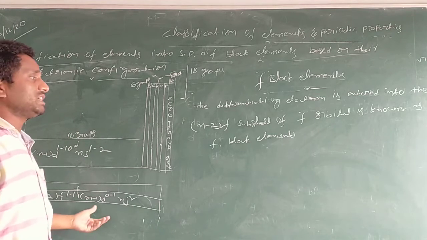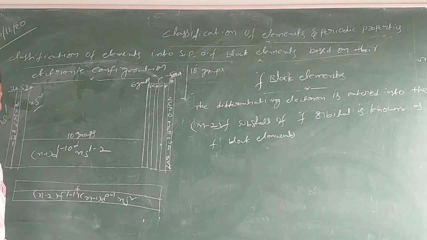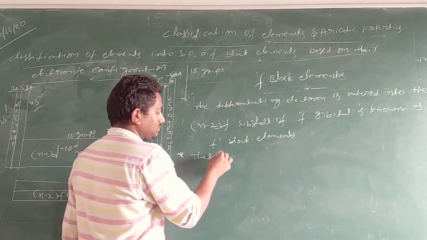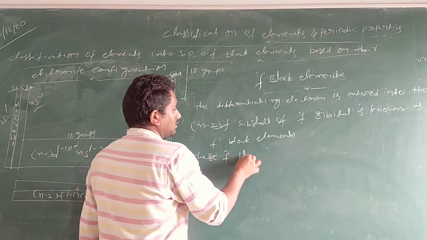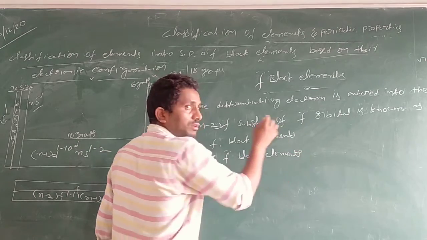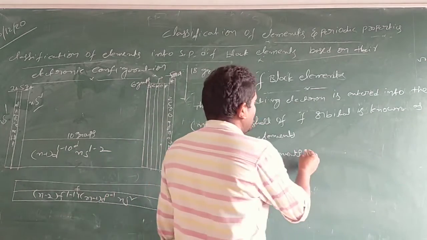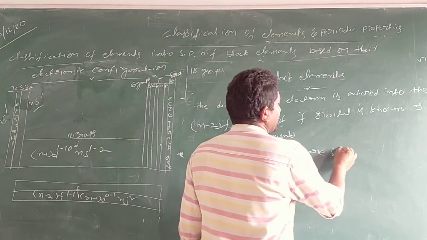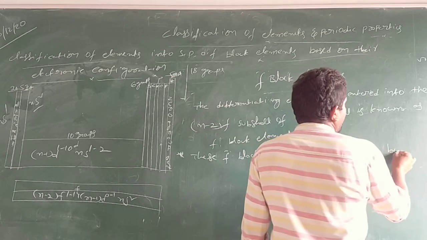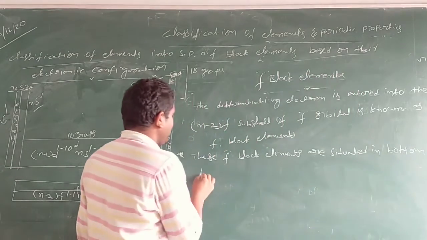These F block elements are situated at the bottom of the periodic table.